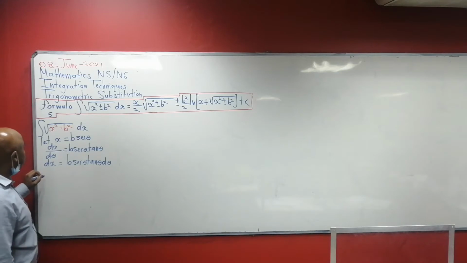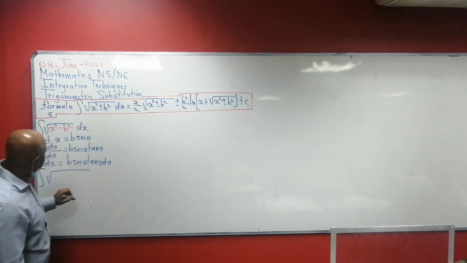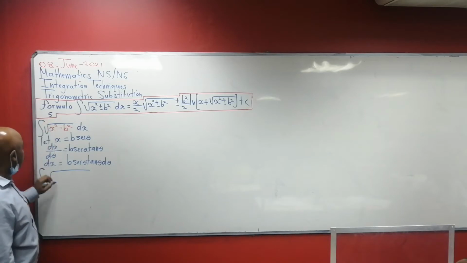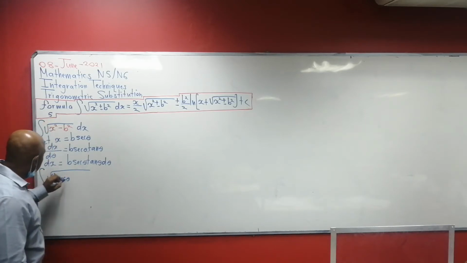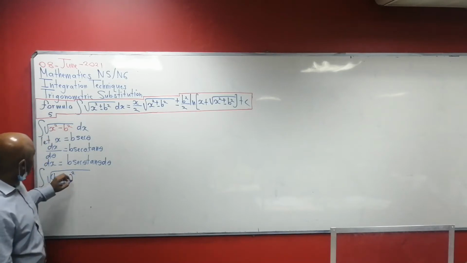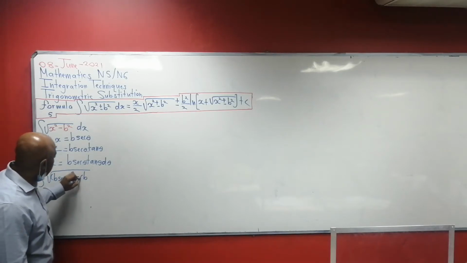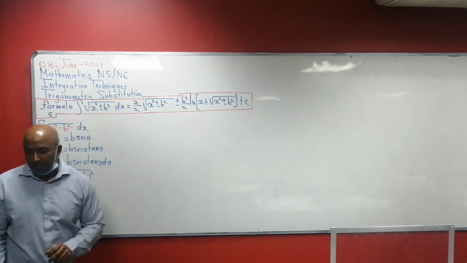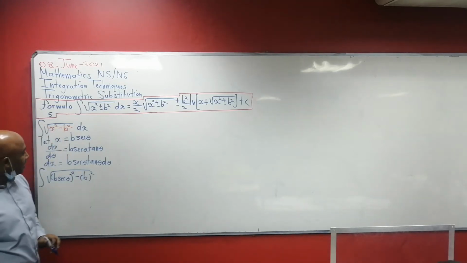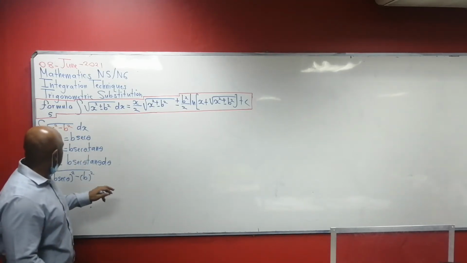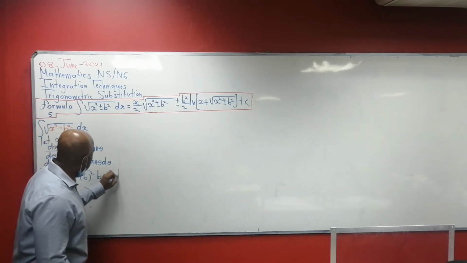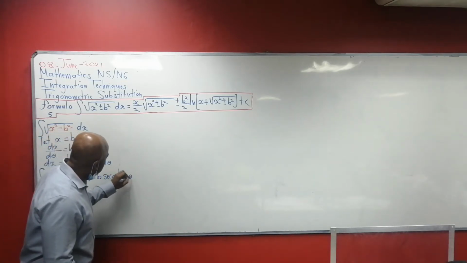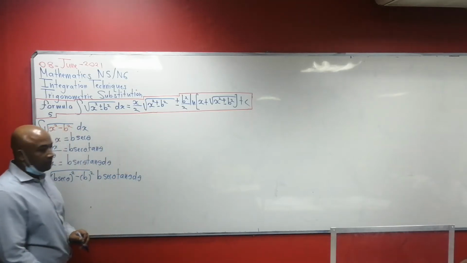Now, if I do the substitution, if I go the integral of x squared, so that's going to be b times sec theta squared minus b squared. Alright, now my dx is equal to b times sec theta tan theta d theta.